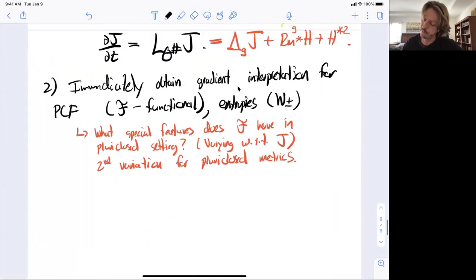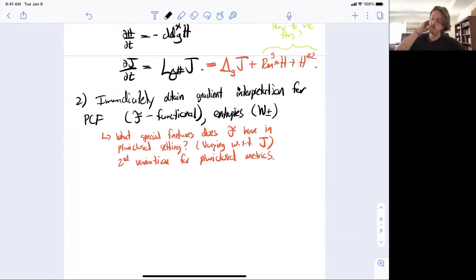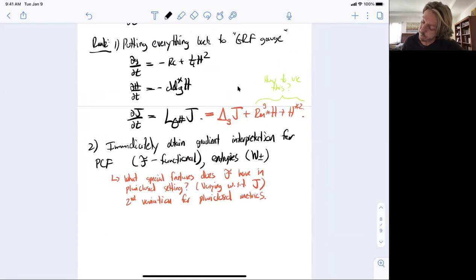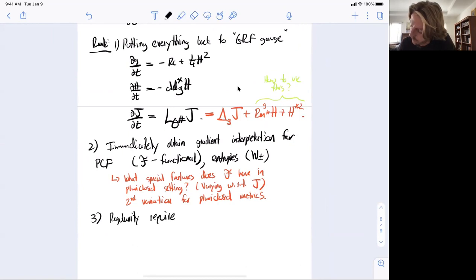Building on this connection to generalized Ricci flow, we immediately obtain this regularity requirement.